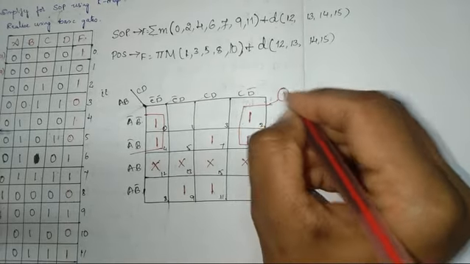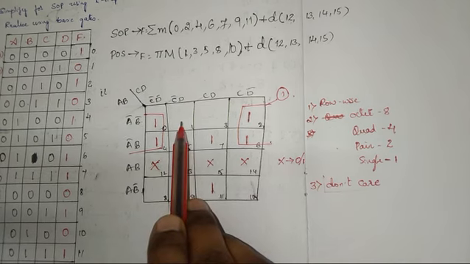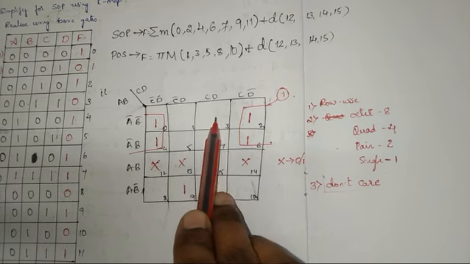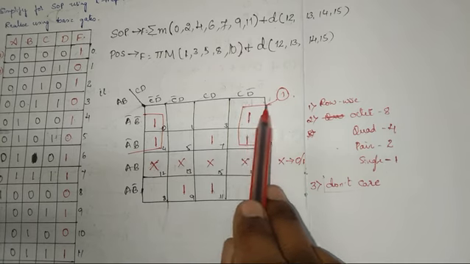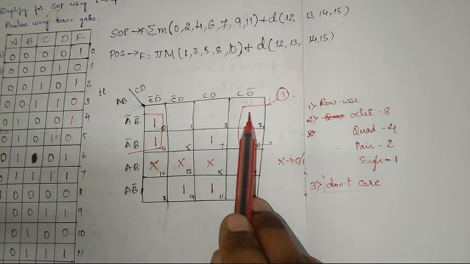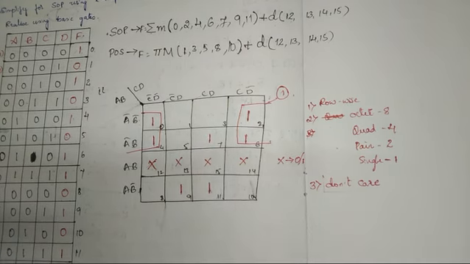Next, I'll go to the next cell number. There is no 1. Next cell number, there is no 1. Next cell number, there is a 1, but it is already grouped. So don't worry about this. Always try to make a group for the ungrouped ones.